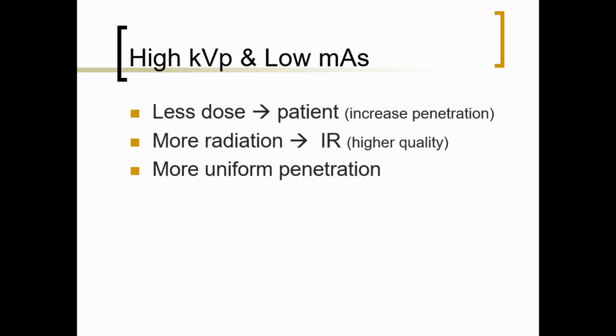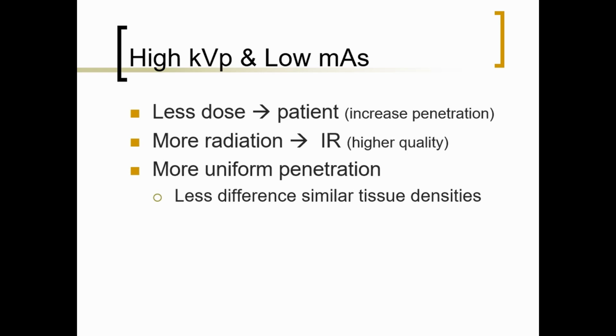In film screen days, this would cause a loss of contrast, but in the digital era, contrast is controlled by the computer's reconstruction algorithms. If a loss of contrast is no longer a consideration, then why not use high kV, low mAs exposures for all exams?